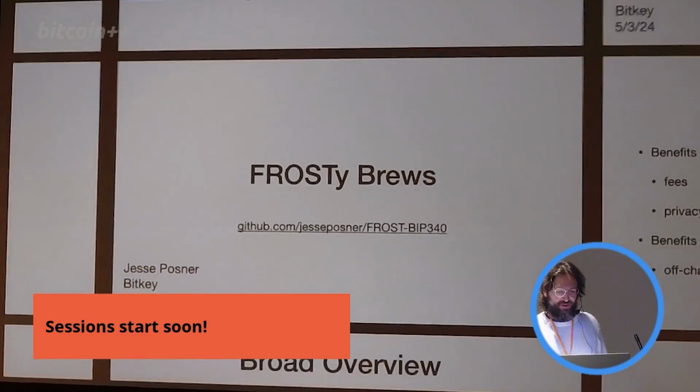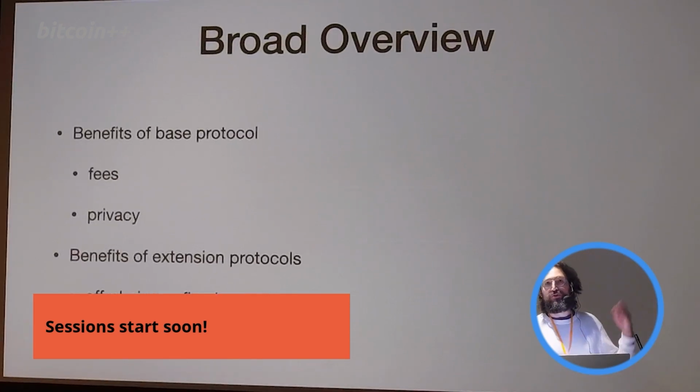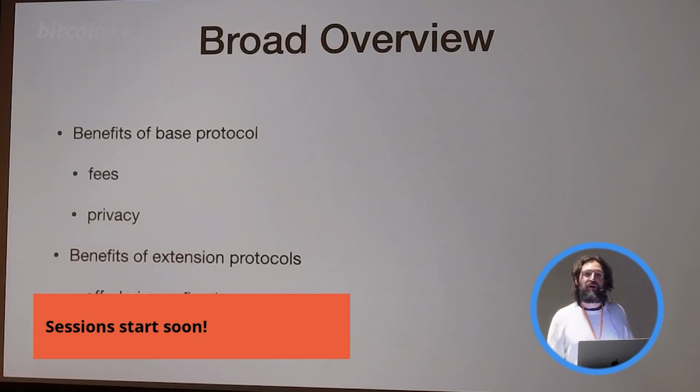So let's get started. First of all, let's just set the table. What is Frost? Why do we care? What's the base protocol? What are the extension protocols? So Frost is a way of doing a T of N multi-signature key completely without scripts.